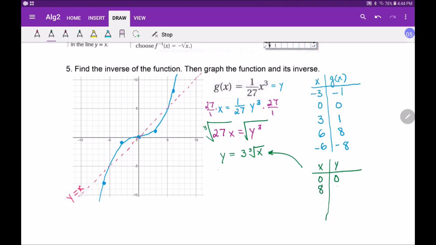And so we'd say 2 times 3 is 6. The same thing would happen with negative 8. I get a negative 2, so I get a negative 6. So this one also goes through 0, which shouldn't be too surprising. When x is 8, y is 6, and when x is negative 8, y is negative 6.